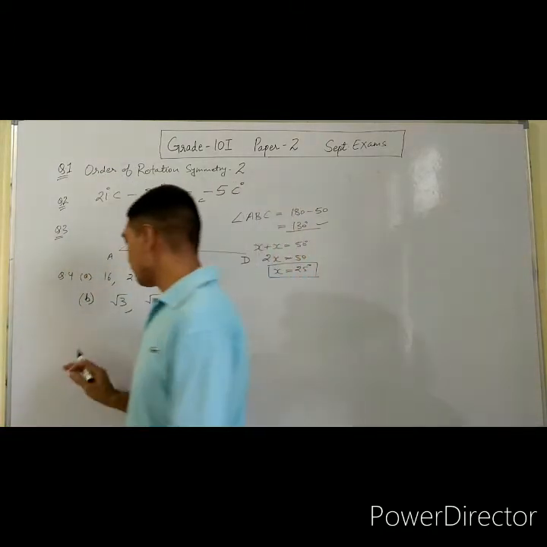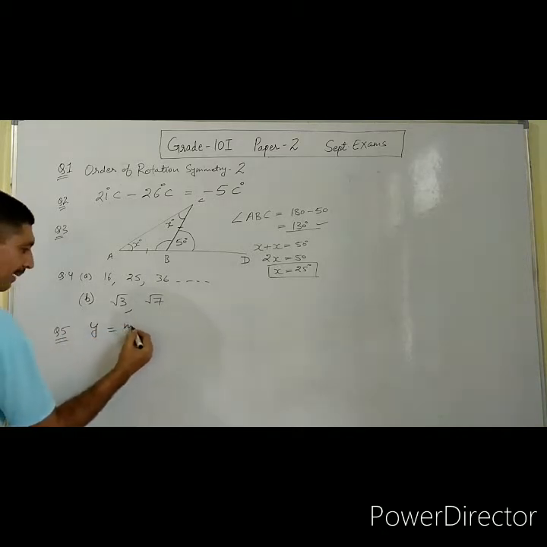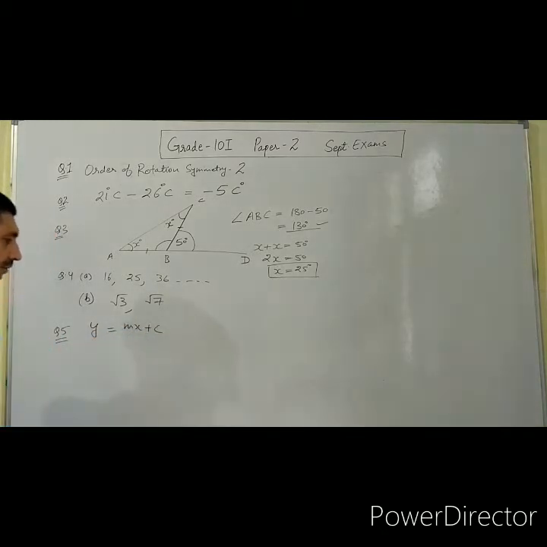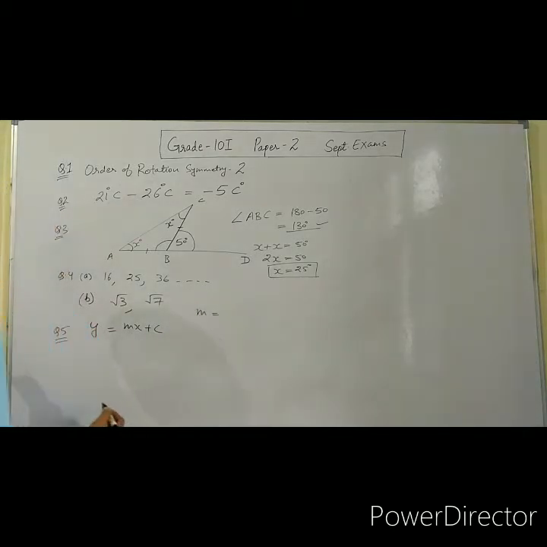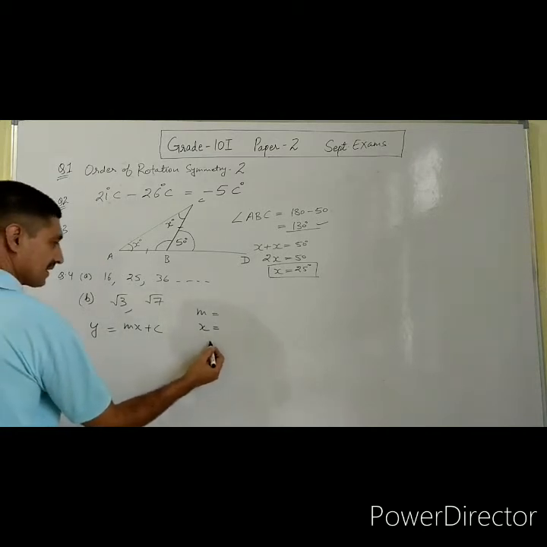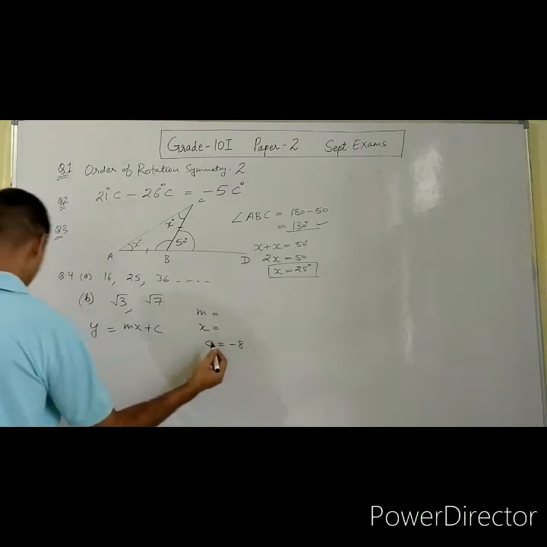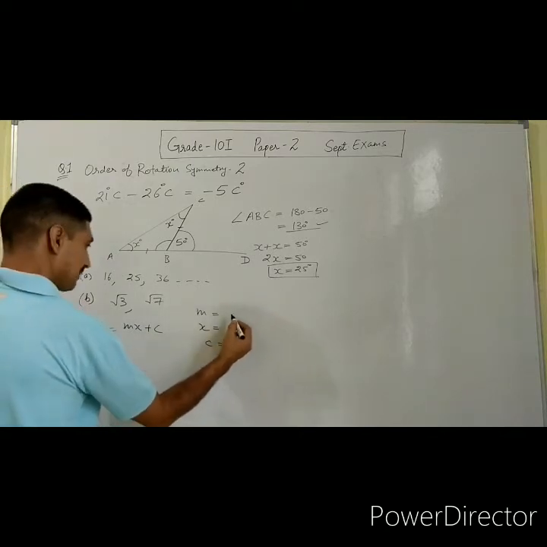Now switch over to question number 5. In question number 5, what do we have? We have y is equal to mx plus c, the equation of a line in the slope intercept form, where the slope m is given, x is given, and the value of c is given. c is minus 8, x is minus 2, and the value of m is minus 3.